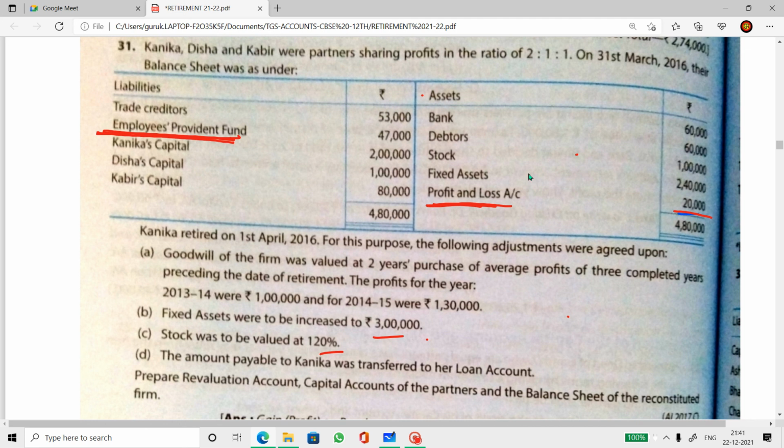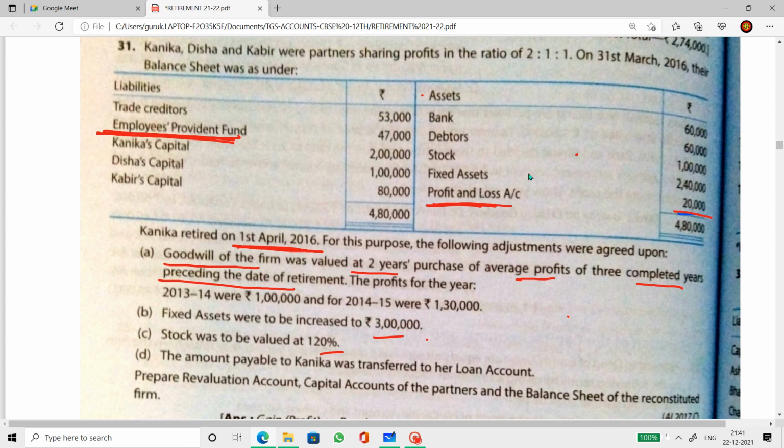And then one more important point is, goodwill of the firm is valued at 2 years purchase of average profit of 3 completed years preceding the date of retirement. Now, this particular partner, who is Kanika, is retiring on 1st of April 2016. So goodwill is valued on 3 years profit immediately preceding the day of retirement. So she's retiring on 1st April 2016, which means she's retiring in the year 16-17.